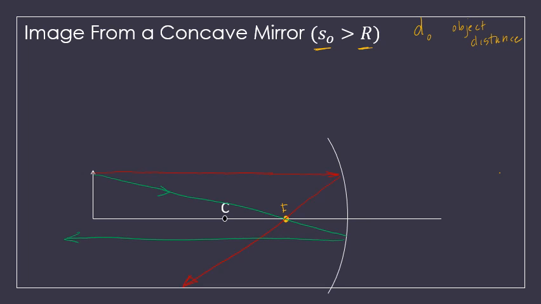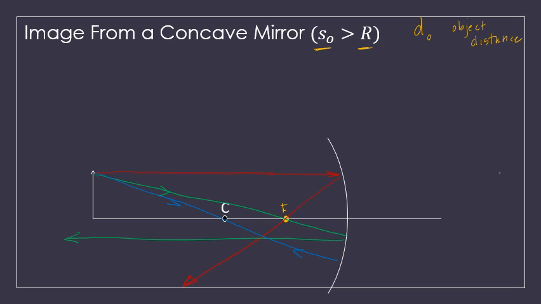So there's the incoming and outgoing. And then my final ray here is the central ray, and it's the one that's going to go through the center. I can already see where the image is going to be right here, but I'm going to double check with my center of curvature ray, and it is both incoming and reflected.